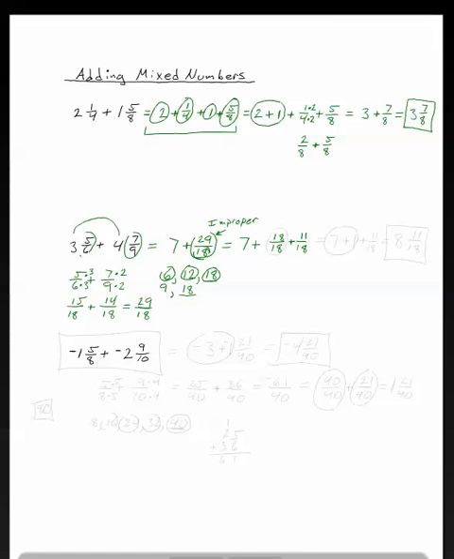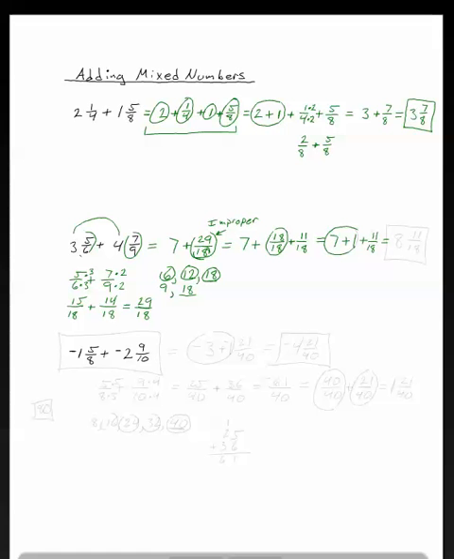And let's just make sure. So here we have 18 18ths, and here we have 11 18ths. So if we add them back together, 18 plus 11, we'd get 29. So that's 29 18ths. And this 18 18ths is really just one whole. So we have 7 plus 1 plus 11 over 18.